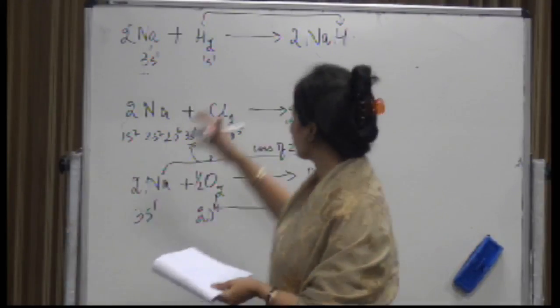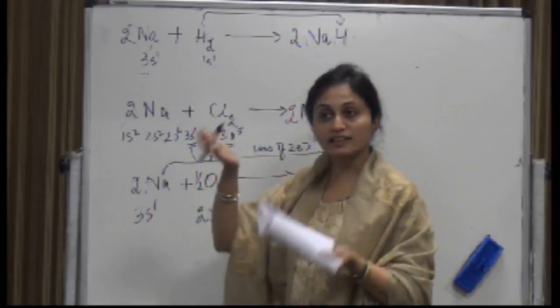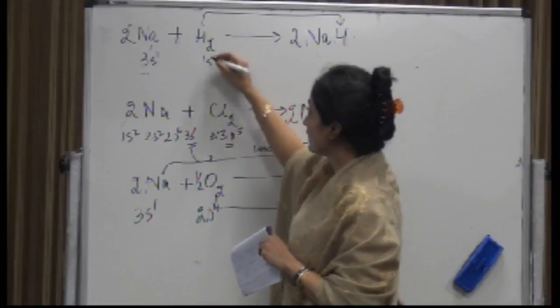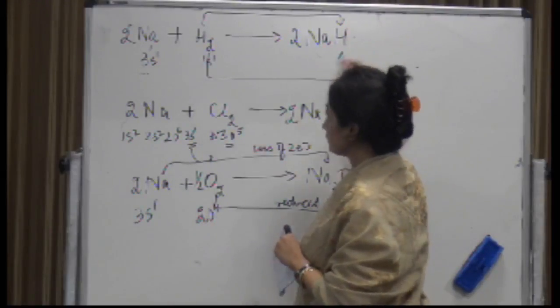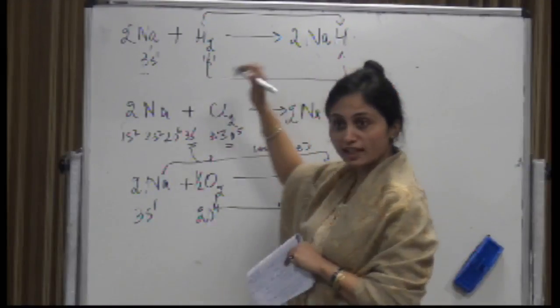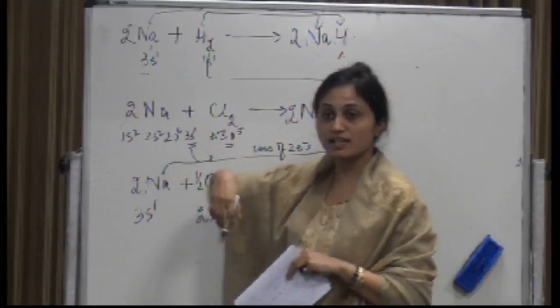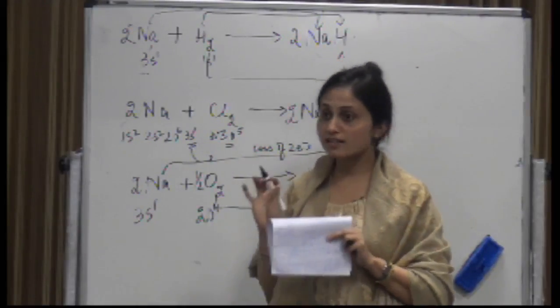But for hydrogen, the outermost shell only needs 2 electrons. So hydrogen will take up an electron, which means it will gain an electron, and if it is gaining an electron, it will get reduced, and Na will get oxidized because it is giving an electron. So that is another forefront to it.